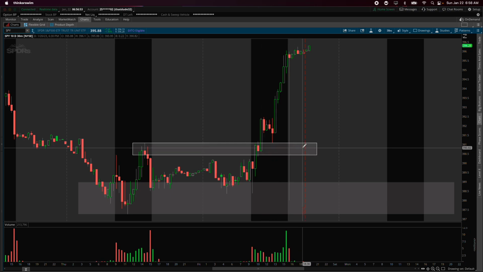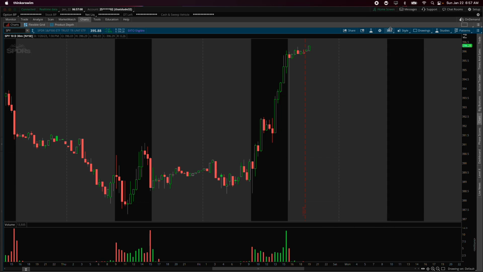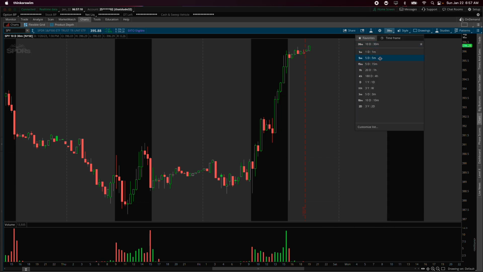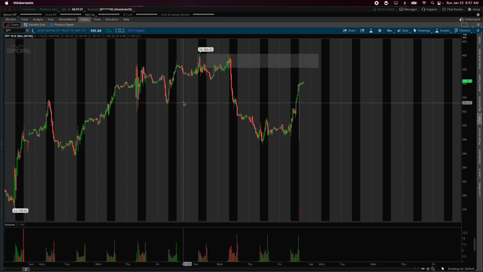So now that we have some of the basics going on, let's look at some things that are different about the way that I like looking at zones. Let's just drop down to a 30, because it's really easy to see the form of all of the consolidation patterns.